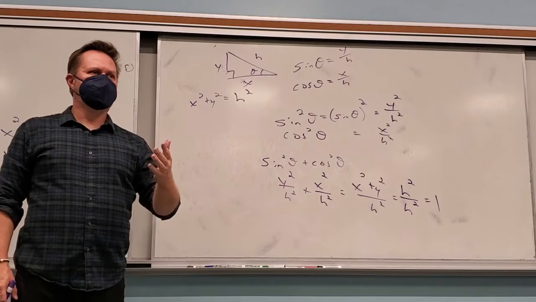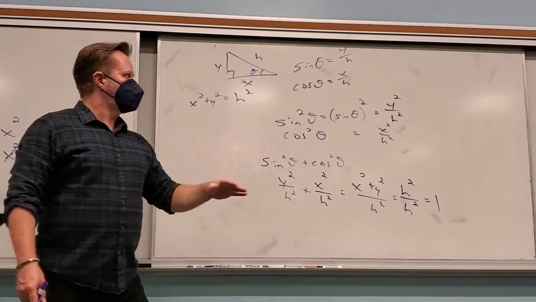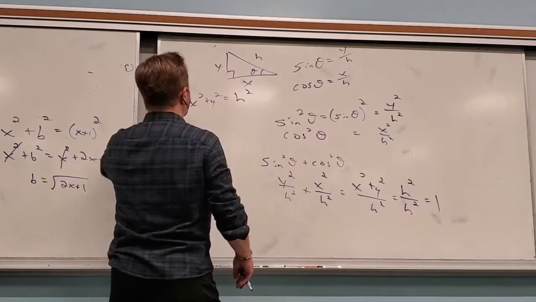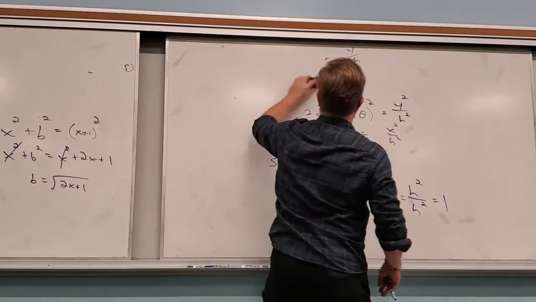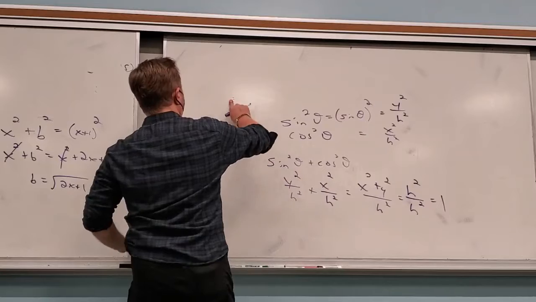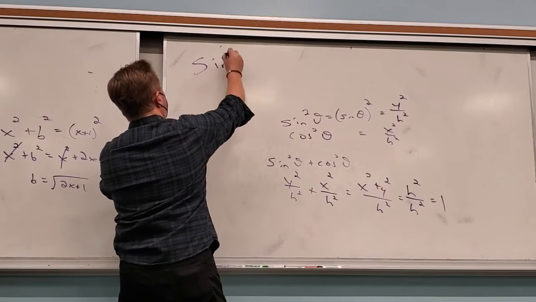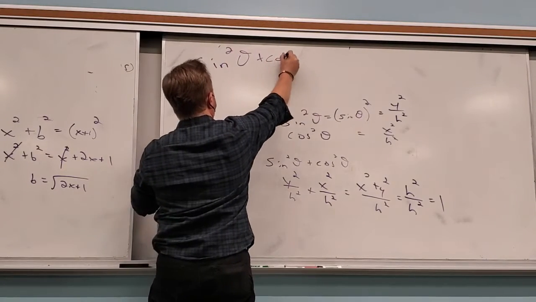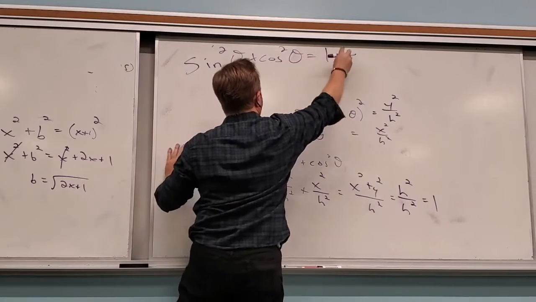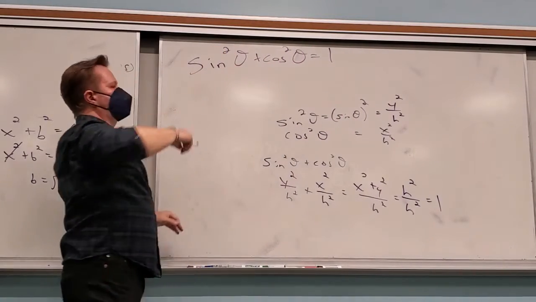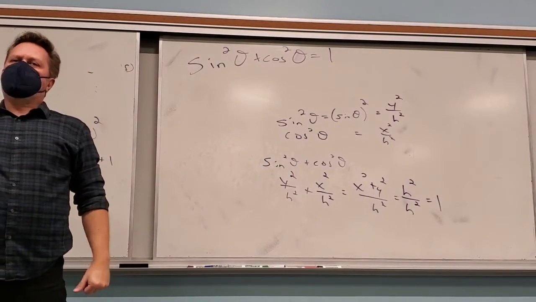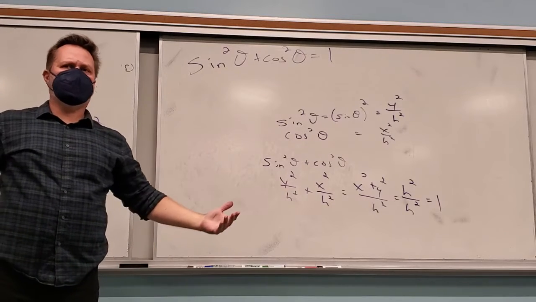Period. What is always true, Jeff? This thing. This is crazy important. Sine squared of an angle plus cosine squared of the same angle is always 1. Always, always.